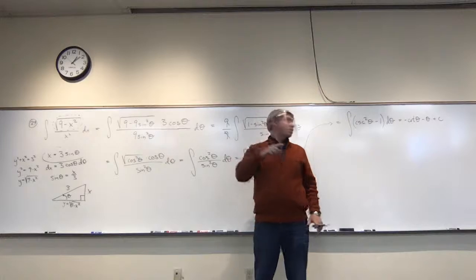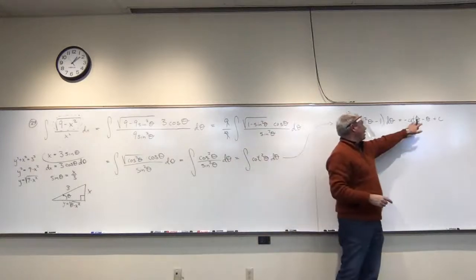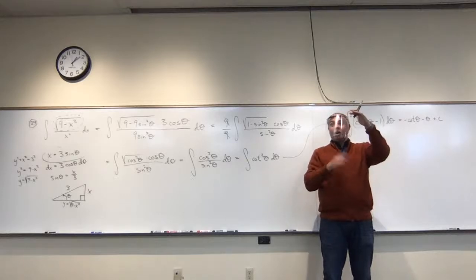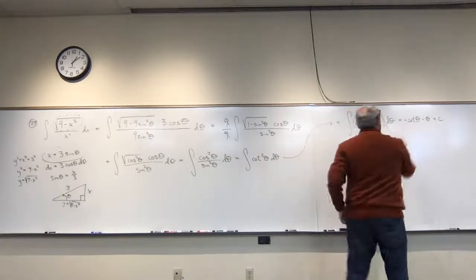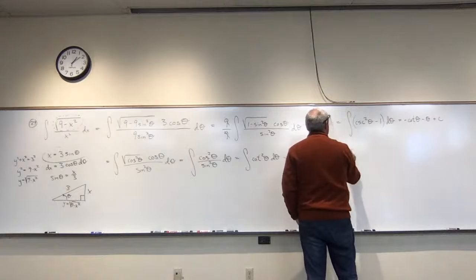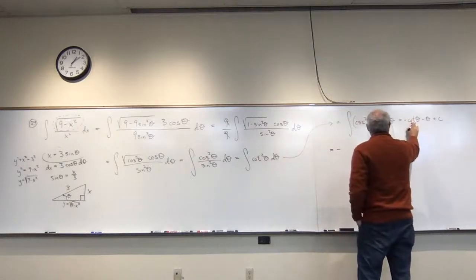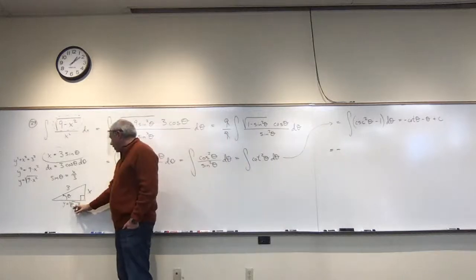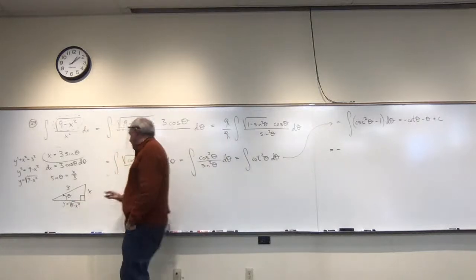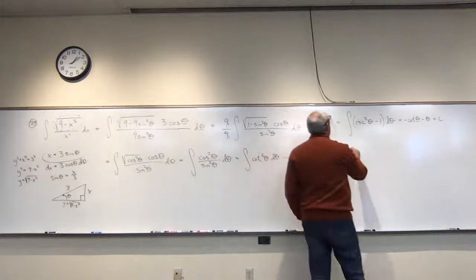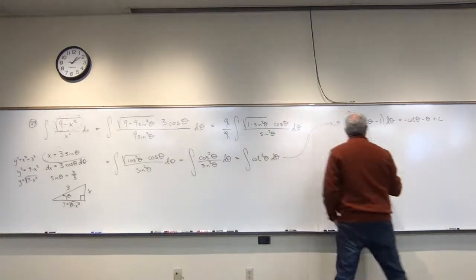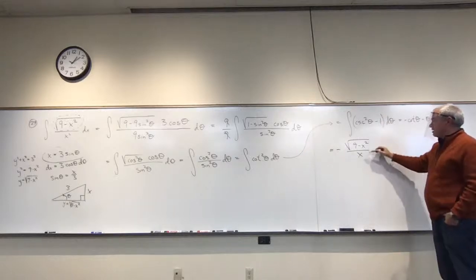So the reciprocal of that, cotangent, is the adjacent over the opposite. So this would be negative the adjacent side over the opposite side. The adjacent is the square root of 9 minus x squared. The opposite is x. So it's the square root of 9 minus x squared over x.